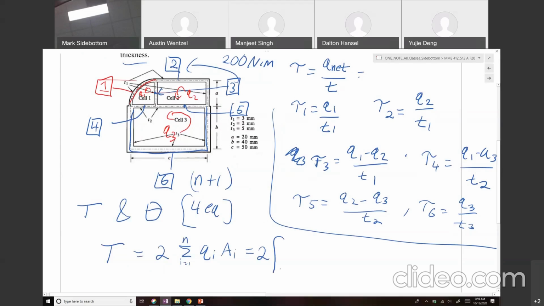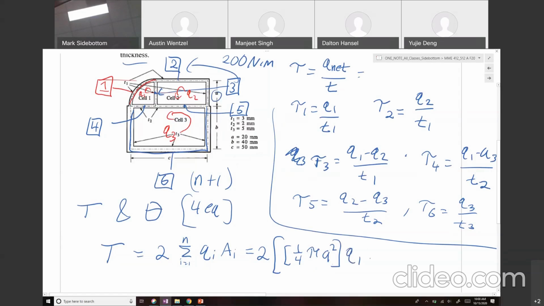For cell 1, the area would be 1/4 of a circle, so 1/4 pi times the radius squared. In this case, the radius is equal to a, which is just a constant here, right? And then the flow in that cell is just equal to Q1.